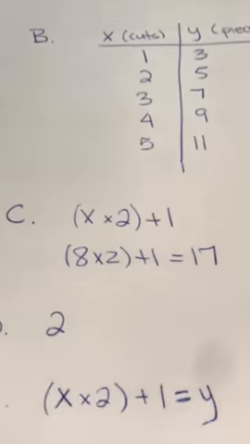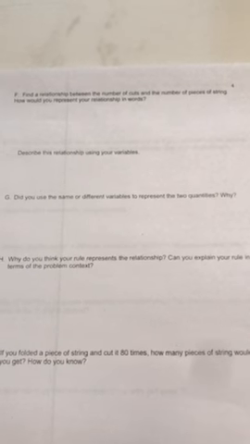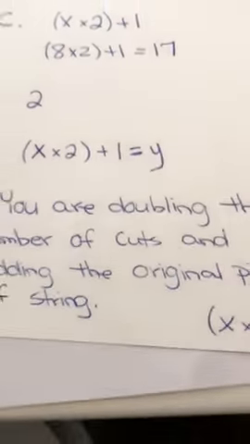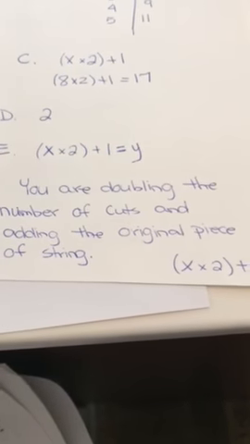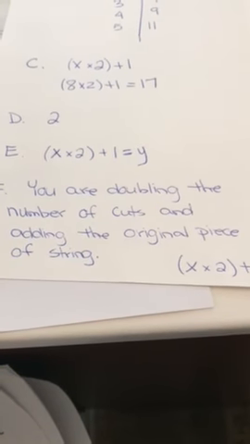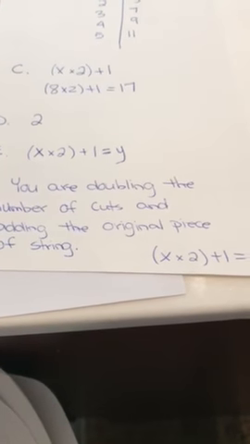Okay? If you look at F, it's going to ask find a relationship between the number of cuts and the number of pieces of string. How would you represent it in your words? So all you're doing is taking the equation, the rule that we just did, X times 2 plus 1 equals Y, and you're telling it to me in words. And then it says describe it again using variables. So again, all you're doing is you are doubling the number of cuts and adding the original piece of string.